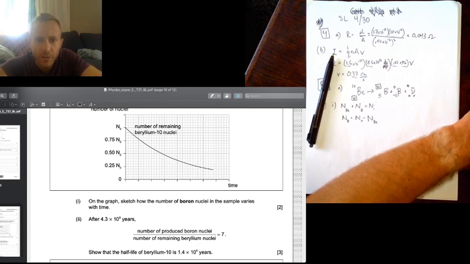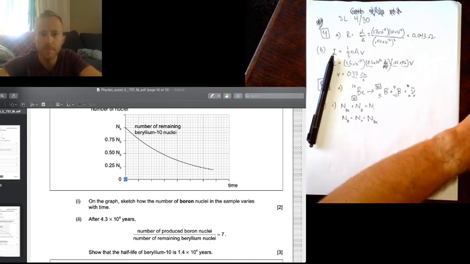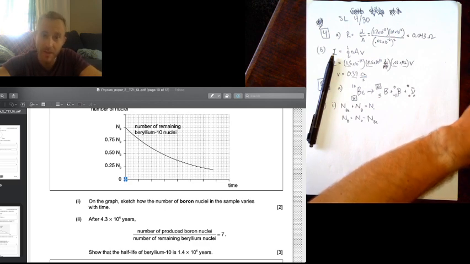So we start out with no boron. When there is half of the beryllium remaining, we're going to have the same number of boron. When there is 75% beryllium, we're going to have 25% boron.